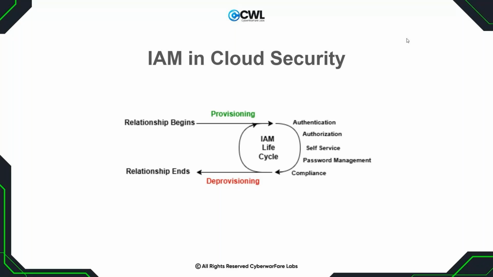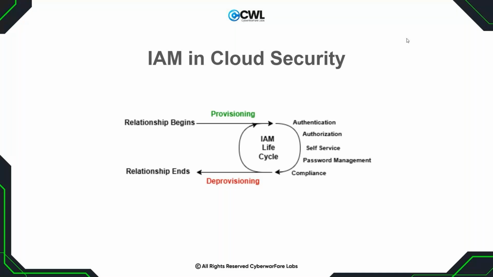As many of you may know, the shift to the cloud brings incredible flexibility and scalability, but it also demands robust security measures to protect our resources and our data. In a cloud environment, physical barriers don't exist like they do in traditional data centers.